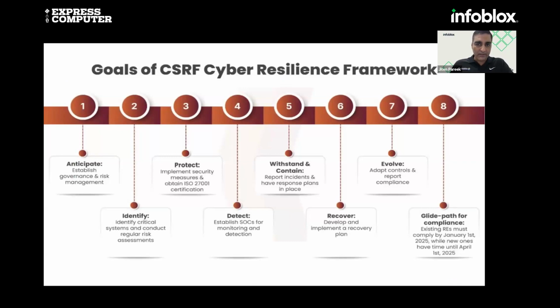So before moving on to the compliances, which can be gathered and can be helpful by adopting DDI and DNS security, what are the goals for this framework?